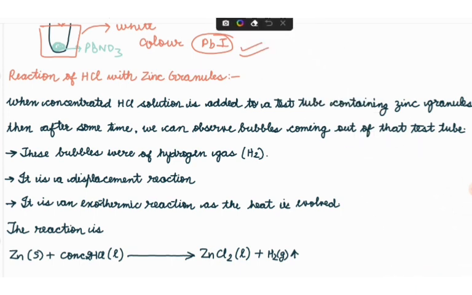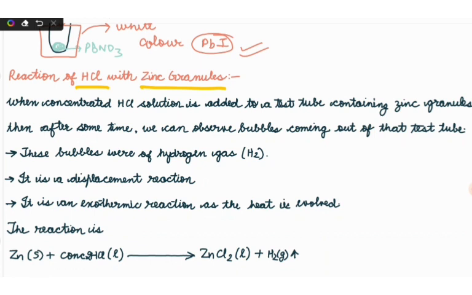So first of all, you can see here that we are going to react HCl with the zinc granules. The first thing is very clear, that the two things we are taking are HCl and zinc granules. Now let us start reading.